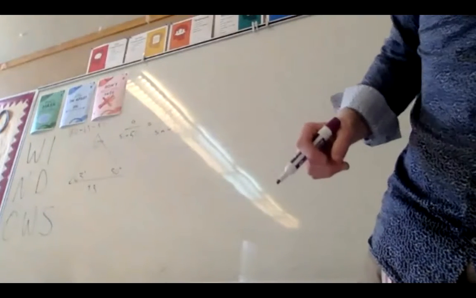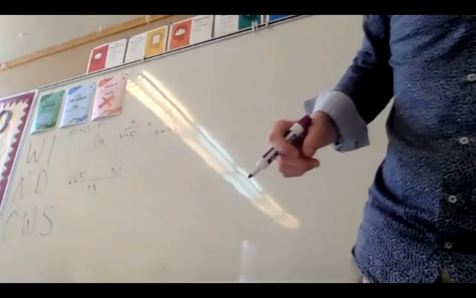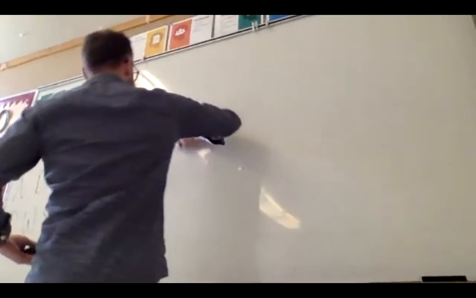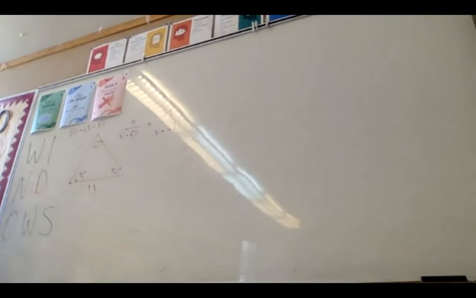Yep. So sine of 50, make sure it's in degree mode. Sine of 50 equals 0.7666 times 93 equals that, divided by sine of 67, 77.39. Does that sound right-ish?